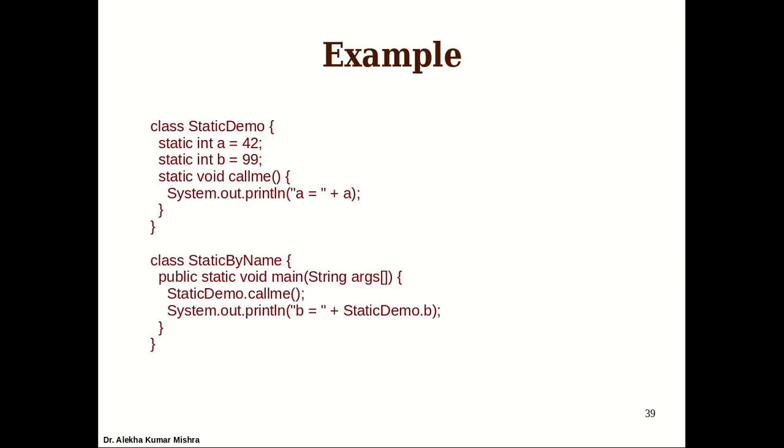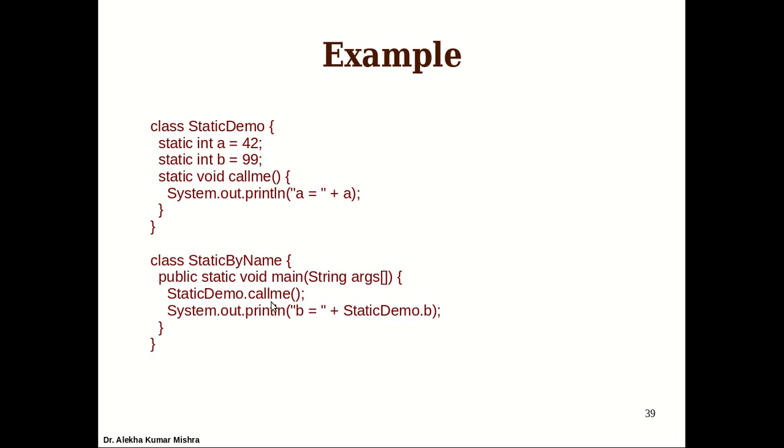Okay, here is the example. We have two static members A and B, which have been initialized to 42 and 99, and the callme method is used to print the value of A. In the main, first we are calling callme, then we are printing the value of B by accessing it through the class name.